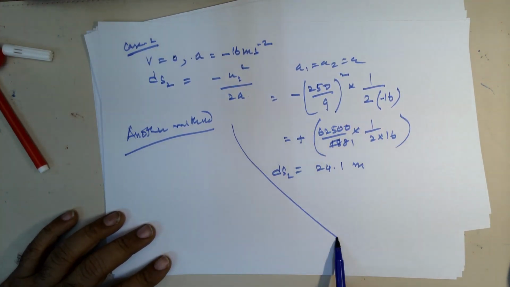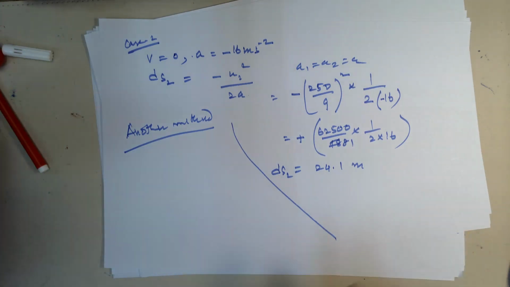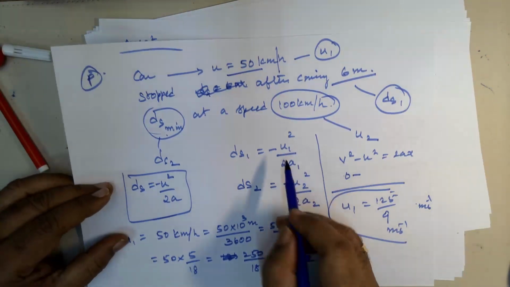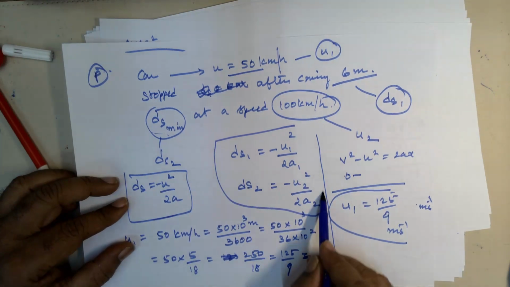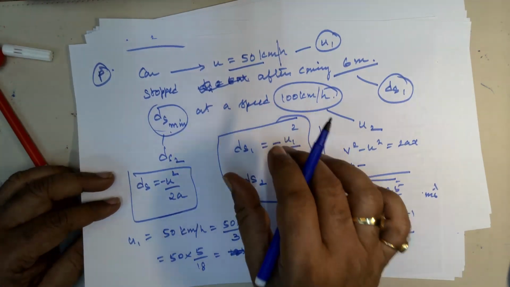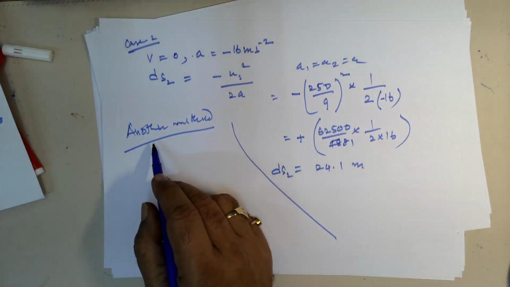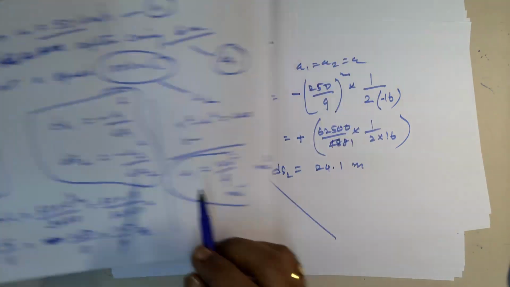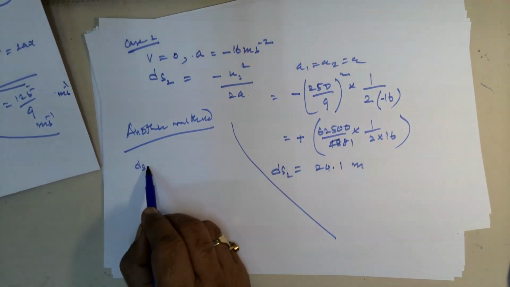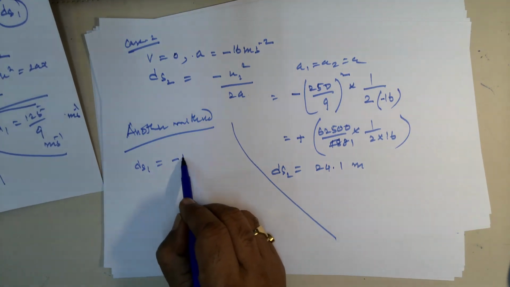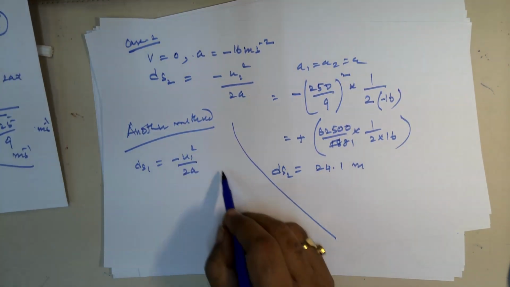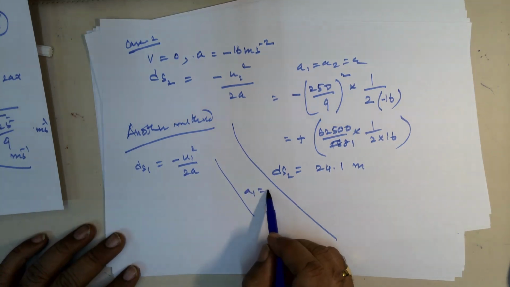Now, instead of roaming like this, I initially took this one. Now let us adopt the second method. That is method 2. So here I have already written ds1. So ds1 is equal to minus u1 squared divided by 2a, because a1 is equal to a2.